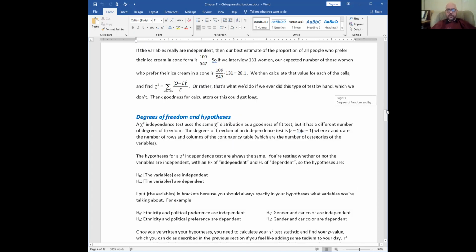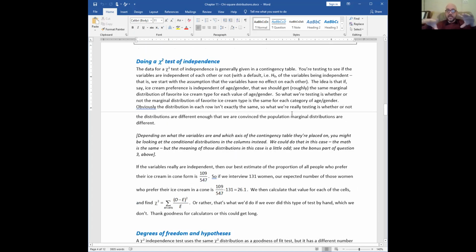Here's the idea. I need to explain the basic idea here. Our null hypothesis is going to be that the variables, in this case, age, gender, and favorite ice cream type, are independent. That is to say, one has no effect on the other one. The alternative hypothesis is that they are dependent.